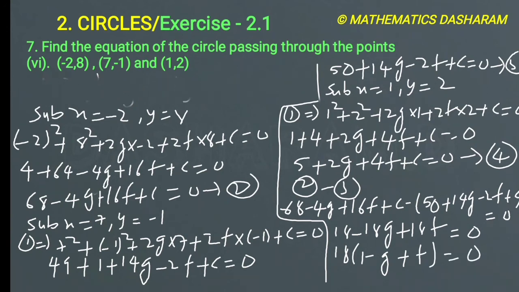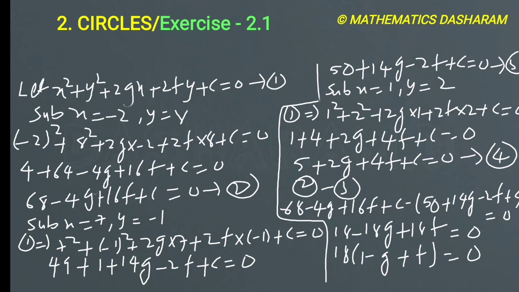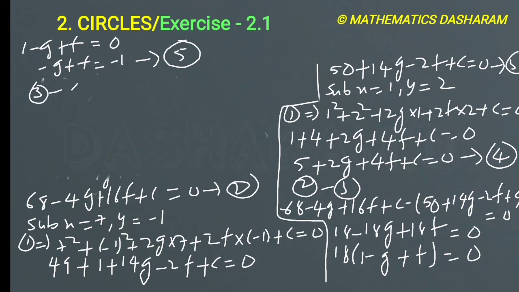So then the new equation is 1 minus g plus f equals to 0. So then minus g plus f equals to minus 1, equation 5. Next, equation 3 minus equation 4.